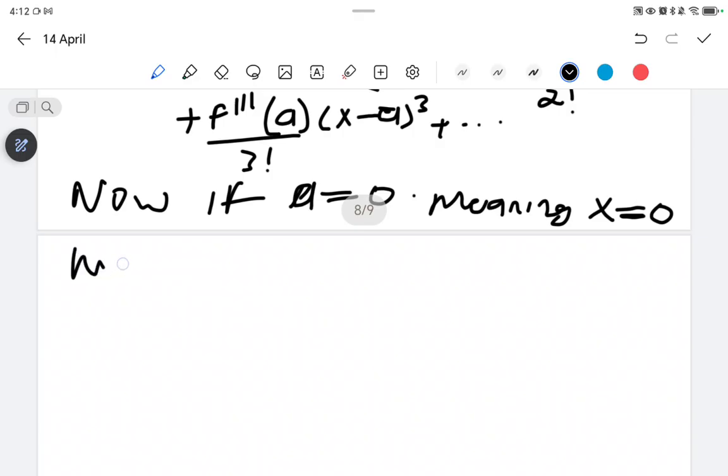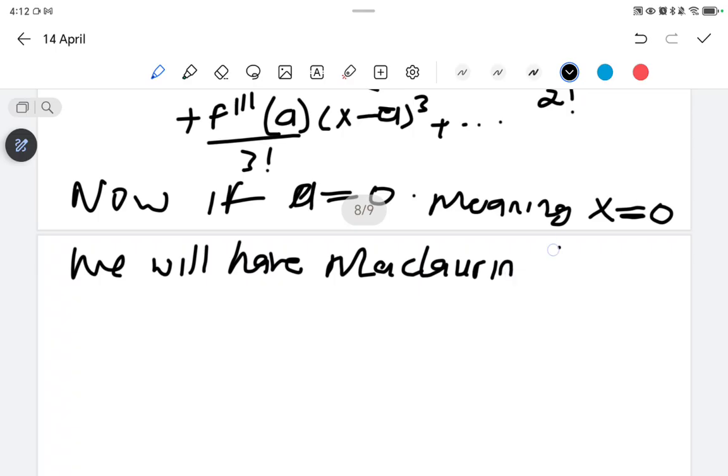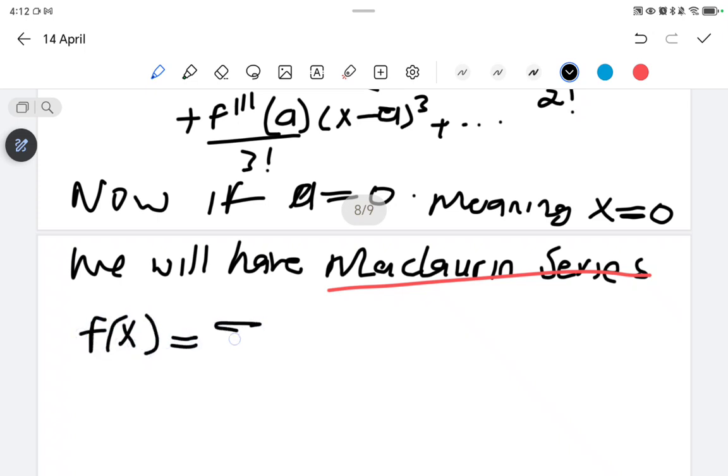So we will have the Maclaurin series. But if it's any number other than 0, it can be 4 or something else, it is a Taylor series, not a Maclaurin series.